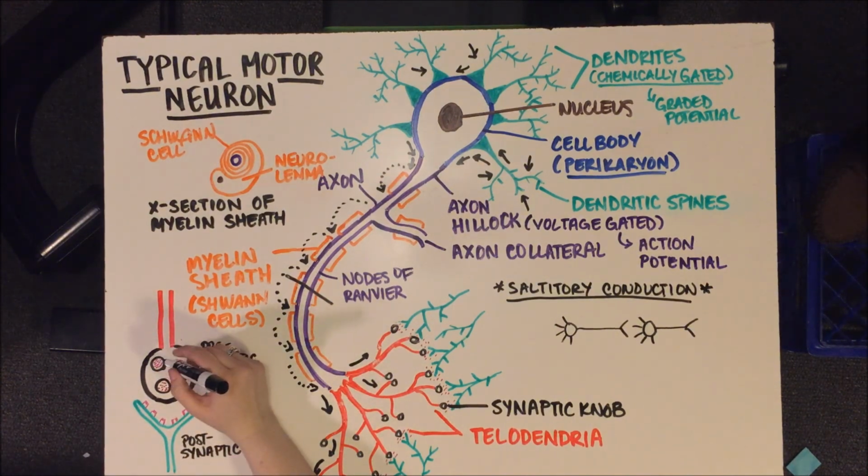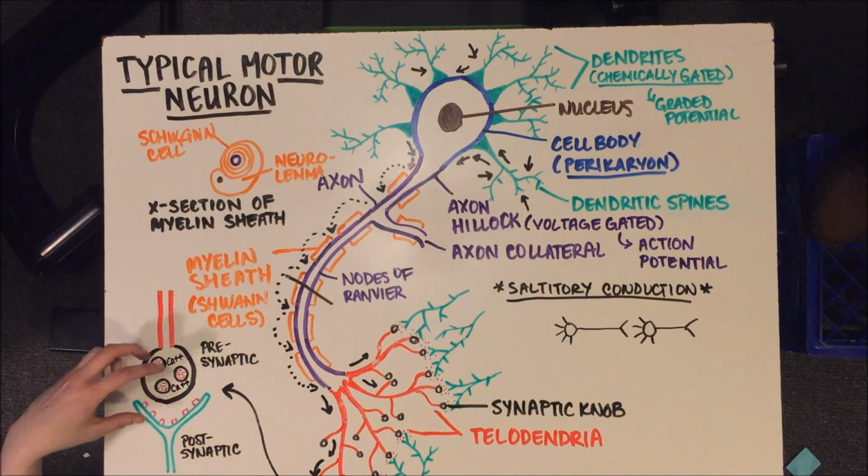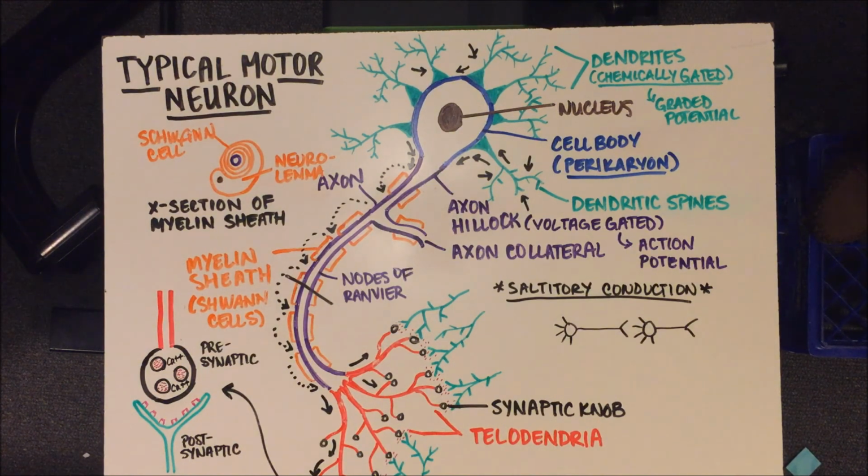And what that's going to do is going to open these channels, and calcium is going to flow into the space right here at the synaptic knob, and this flood of calcium manipulates these vesicles stored inside the synaptic knob, which hold the neurotransmitters, which are the chemical signals transmitted by neurons.